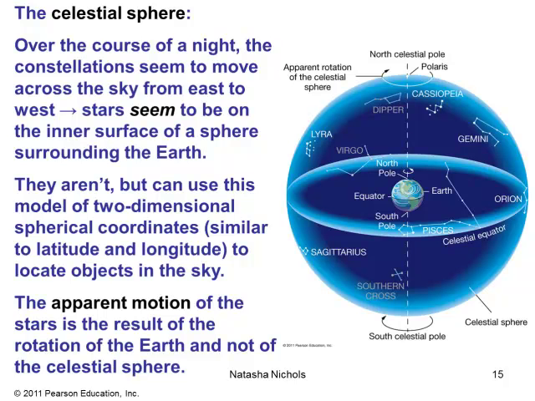From any location on the Earth, you see only half of the celestial sphere, the half above the horizon. What we call the zenith marks the top of the sky above your head, and the nadir marks the bottom of the sky directly under your feet.